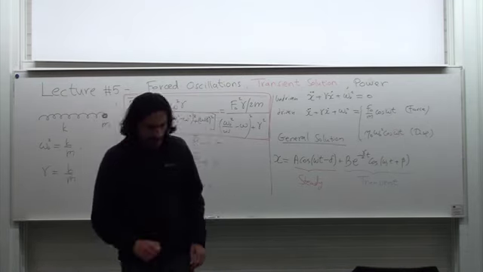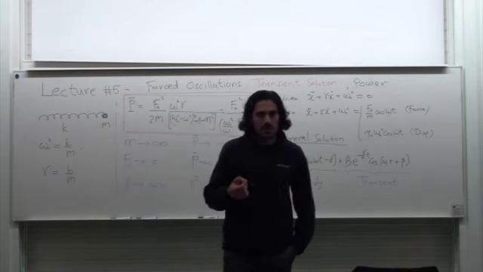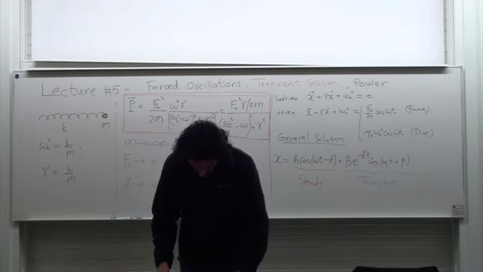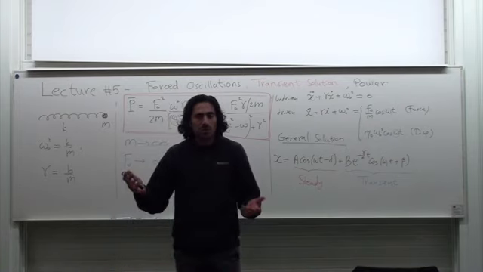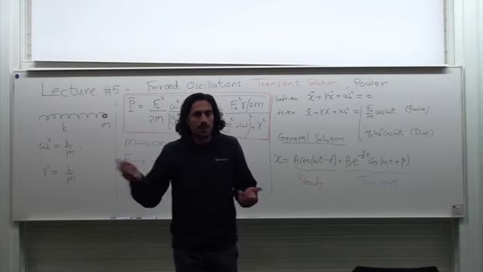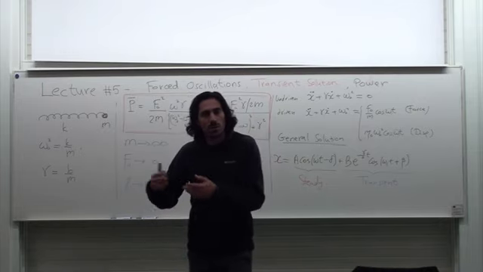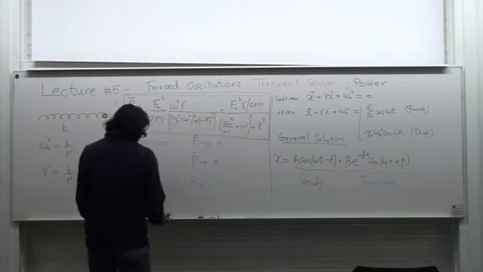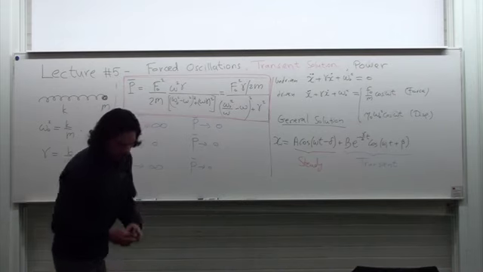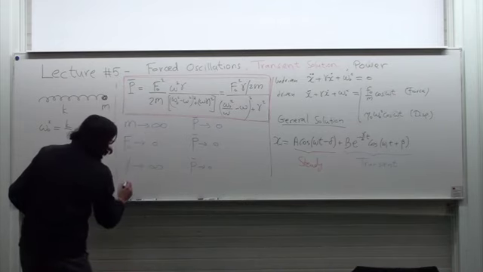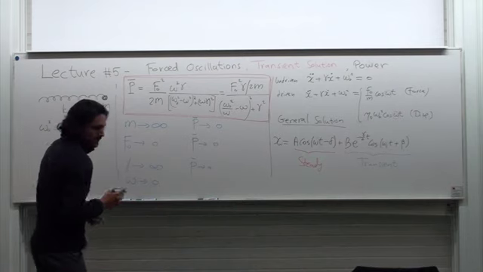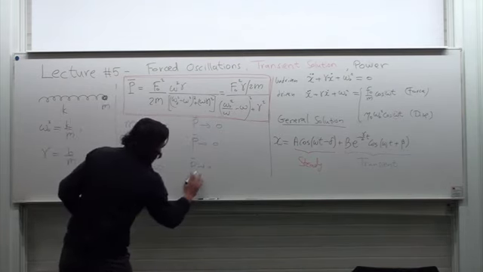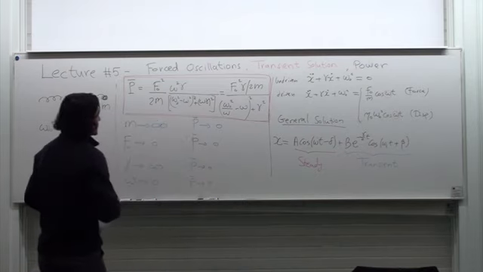What happens if the driving frequency is very small, so it tends to 0? You would say the object would never pick up velocity, right? So there would be no velocity, so there would be no power, right? So if omega goes to 0, then P also goes to 0.